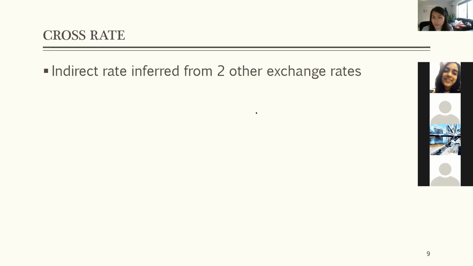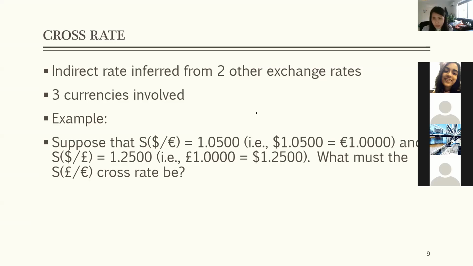A cross rate is an indirect rate that you infer from two other exchange rates, so you've got three currencies involved. For example, let's say you go to the market and you see that the bank is quoting the euro against the dollar, and it quotes the pound against the dollar. This is what you observe in the market.